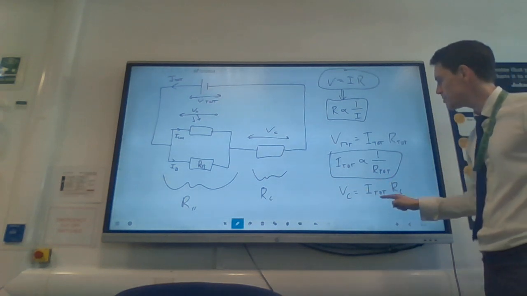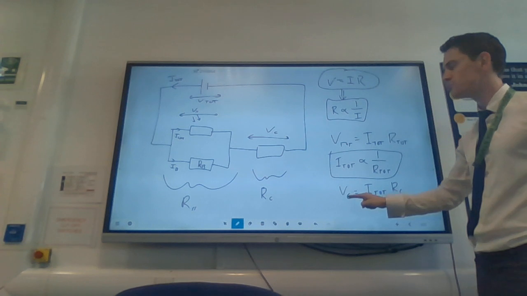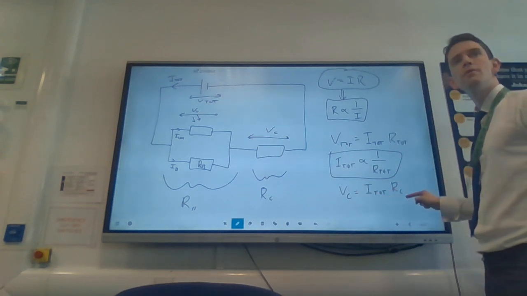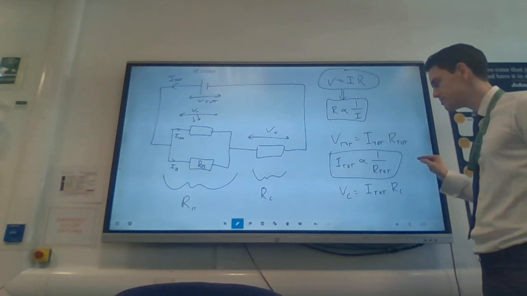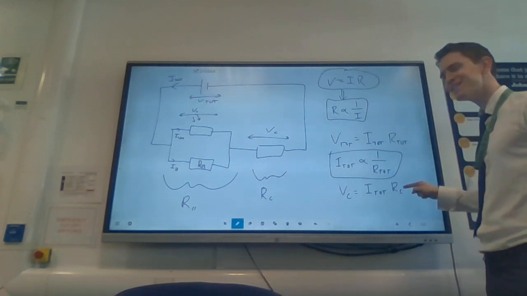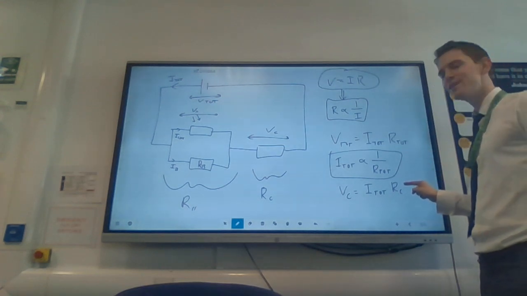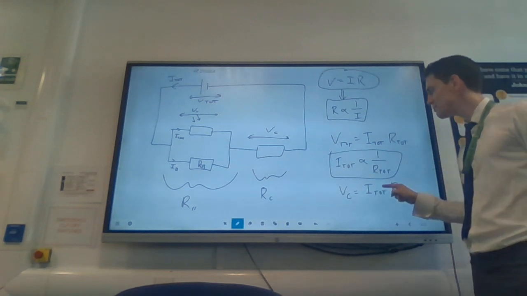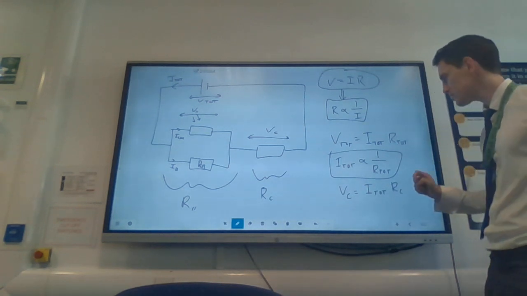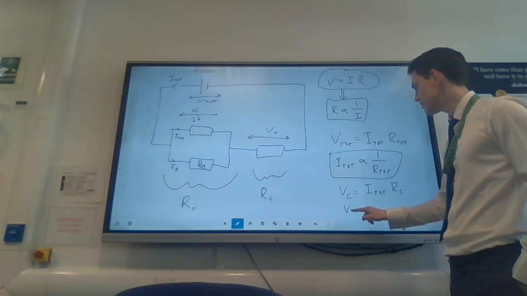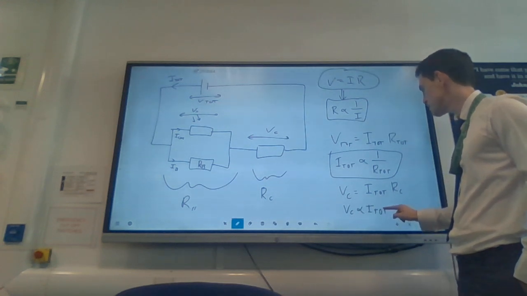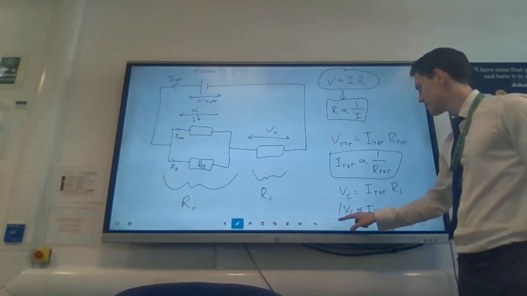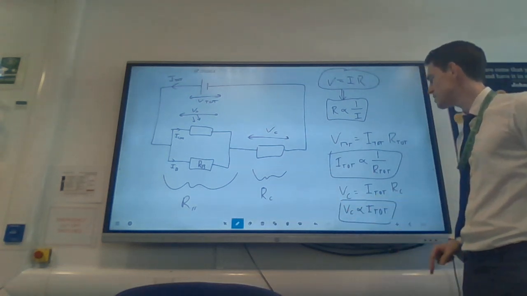What relationship can we pull out of that? Which one of them is constant? RC is the constant one. So we can get a relationship between VC and I tot. So we know that VC is proportional to I tot. Okay, now we start to get something useful here.